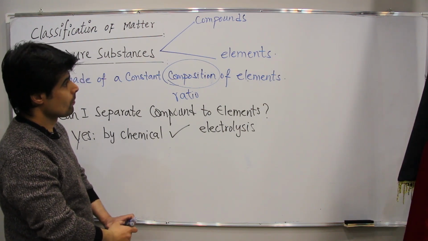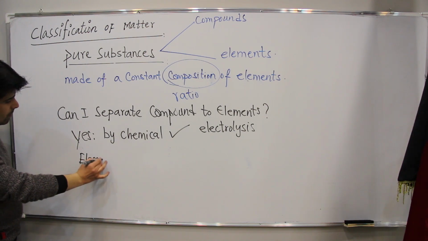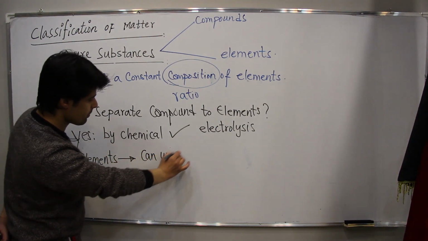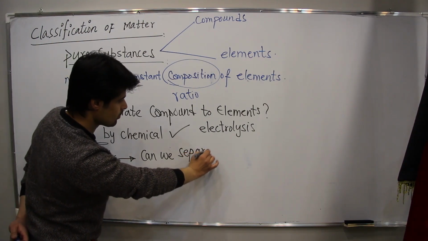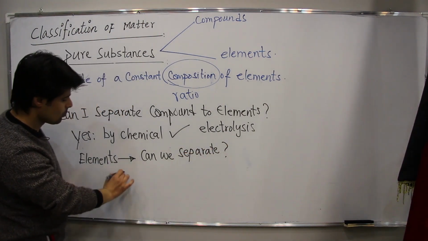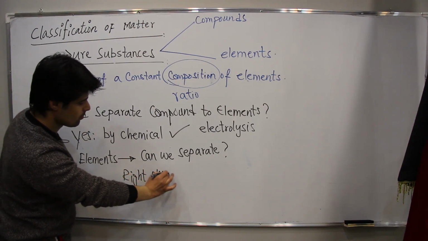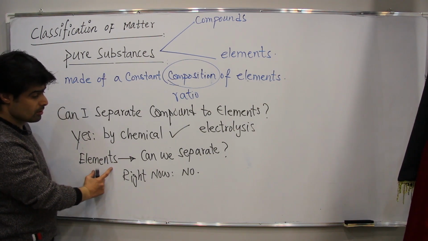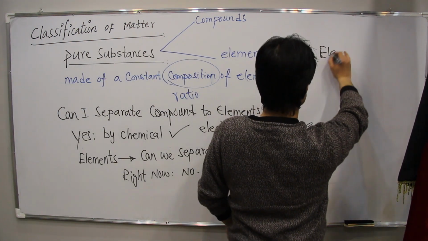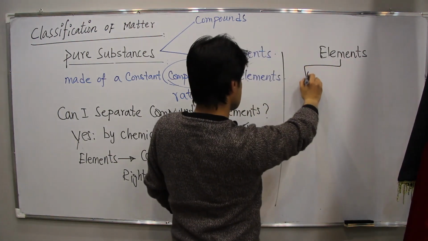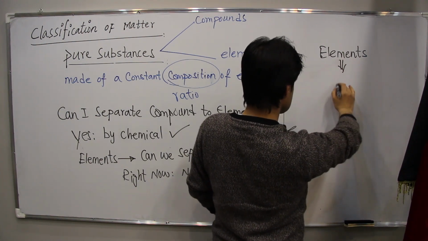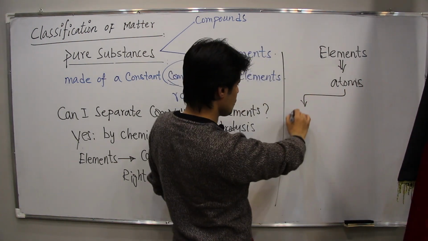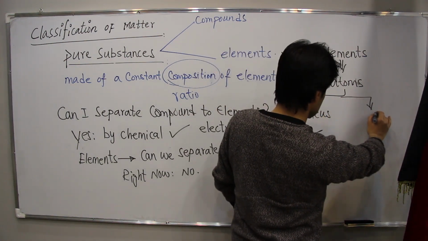Now, if we talk about elements, can we separate this one into parts? Right now, no. But we will study in this chapter that an element consists of atoms, and this atom consists of two parts: one is the nucleus and the second one is electrons.